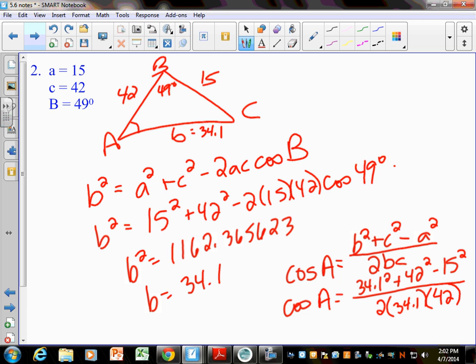Again, I'm okay if at the same time you want to hit inverse cosine, as long as your parentheses are correct. What I tend to do is I do the top and I do the bottom and I write it as a fraction. You could do it all at once, just be careful if you want to do it as a decimal.